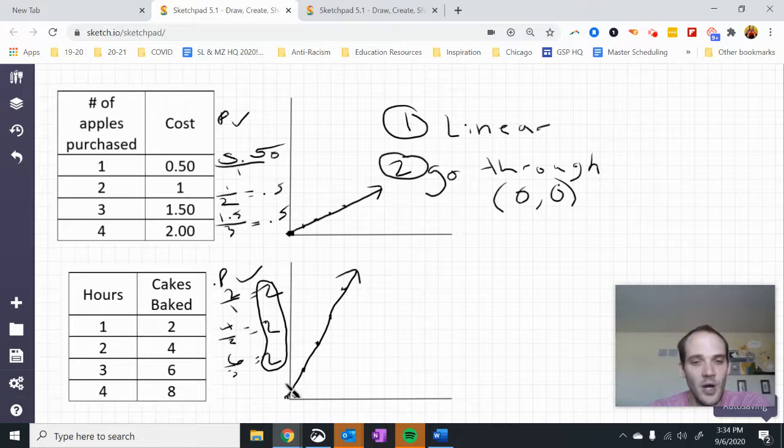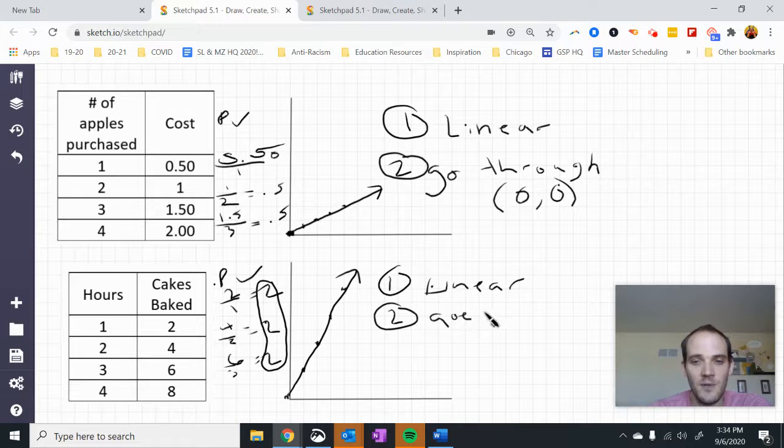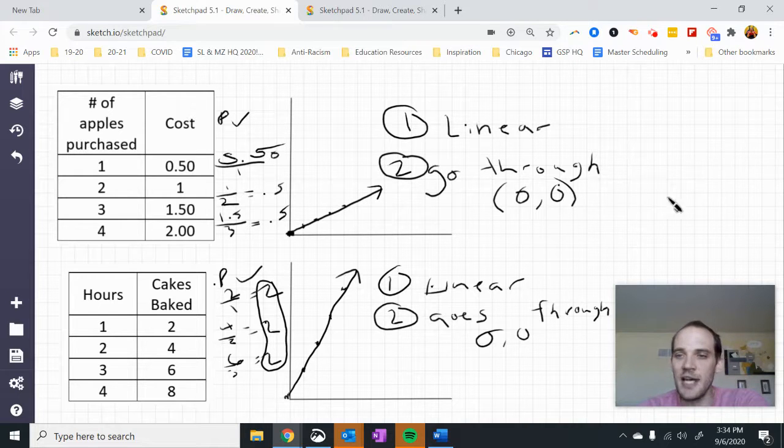So how do you know that this graph is a proportion? Number 1, because it's linear, and number 2, because it goes through 0, 0.